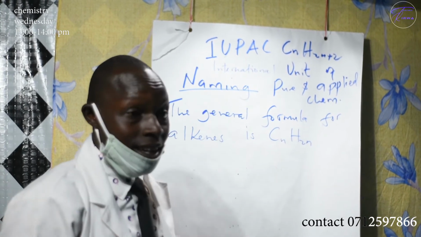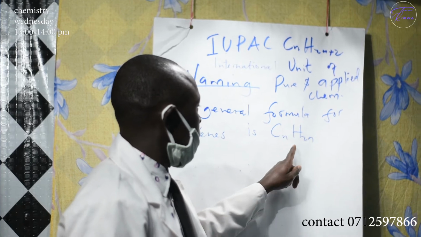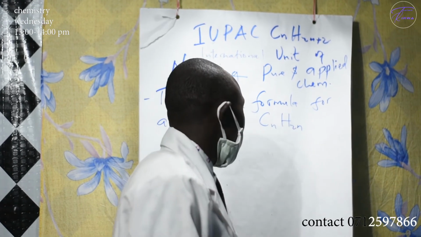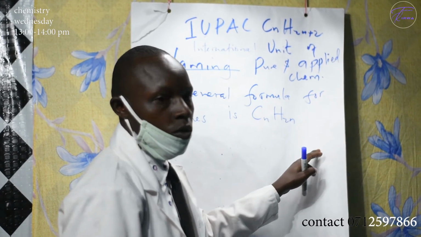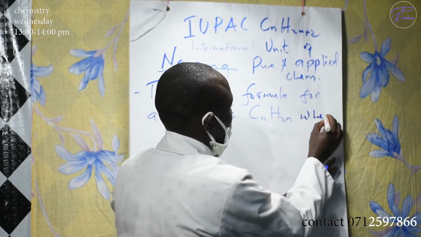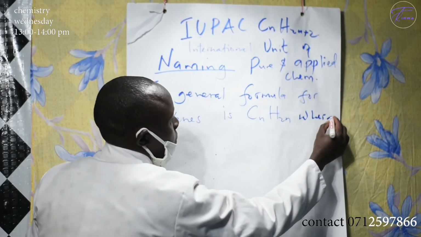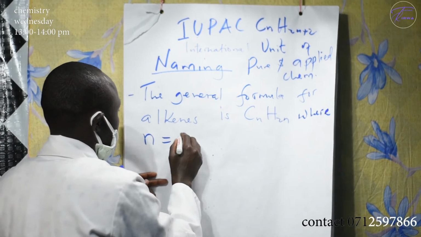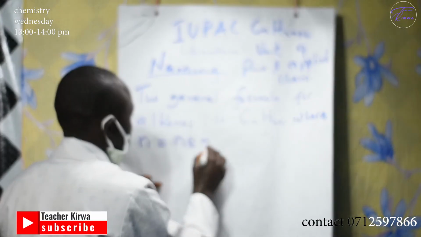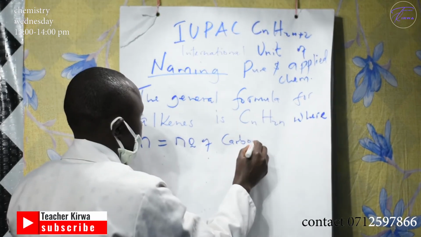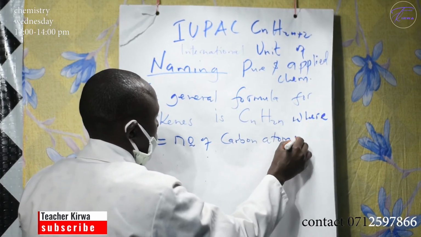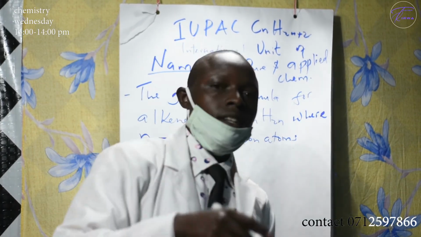Now for alkenes, it is CnH2n, where n is the number of carbon atoms, starting from 1 and above.